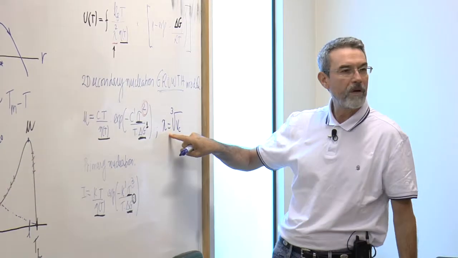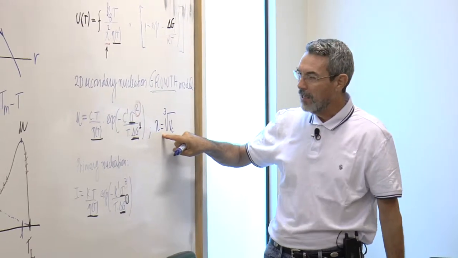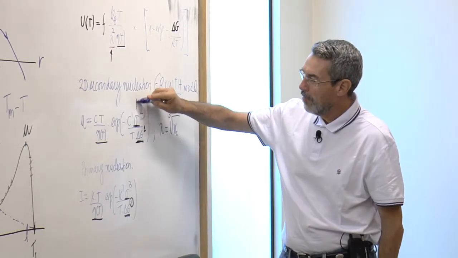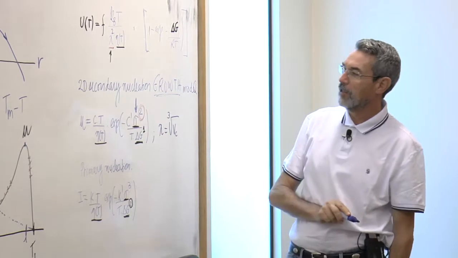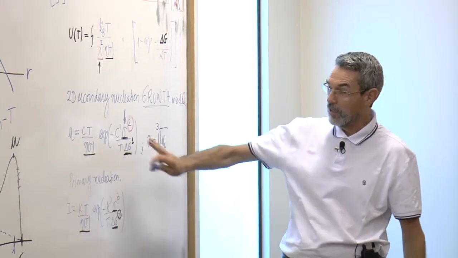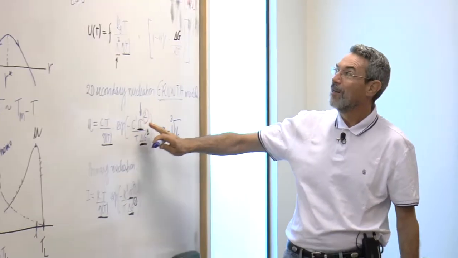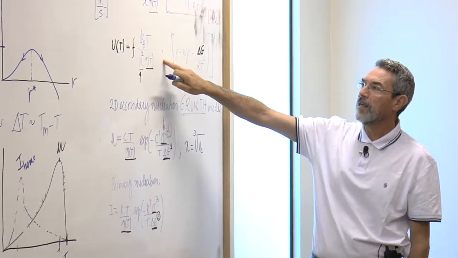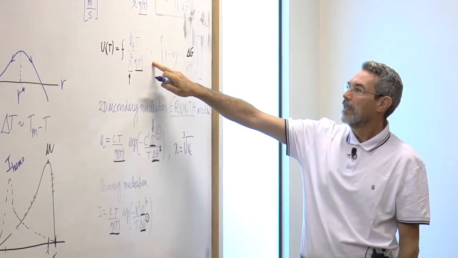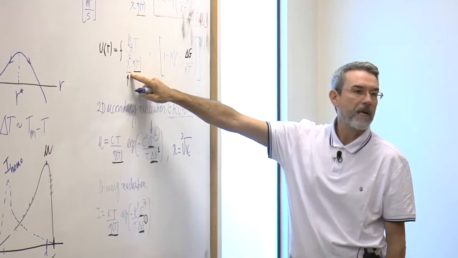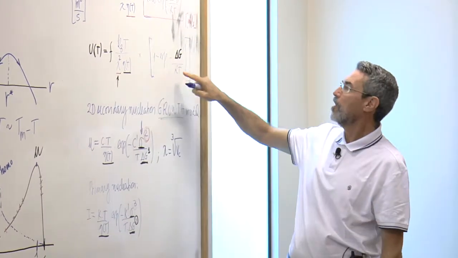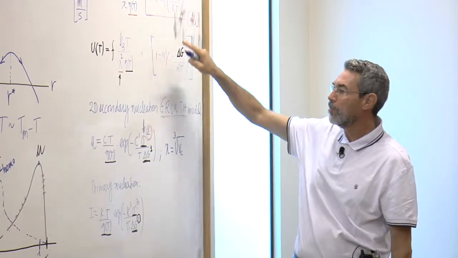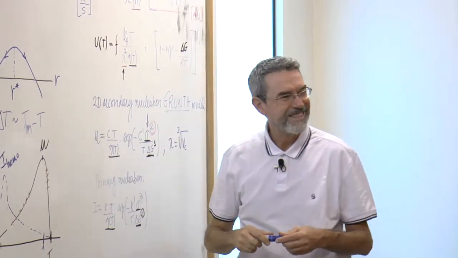So you calculate this and leave only sigma as adjustable parameter for this particular case. For this other case, your adjustable parameter will be lambda. There is no sigma. Luckily, there is no sigma in this case. Okay?